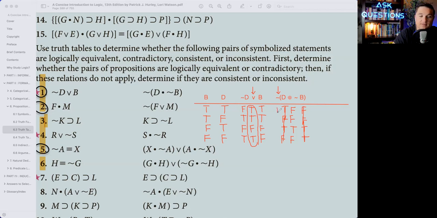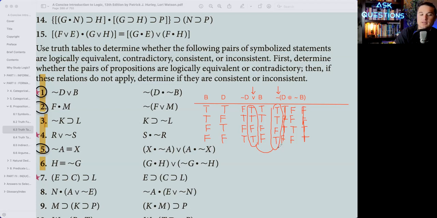That's going to go right here. TTFT. It's like a lowercase t. And we can circle this if we want. And look, we can compare these, and they are identical.